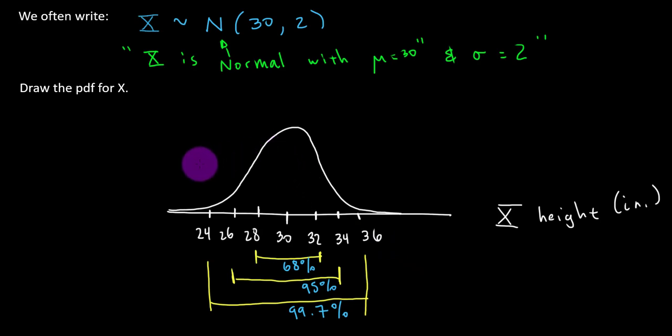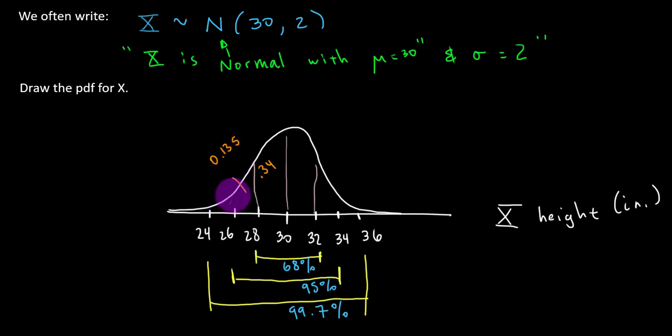And we did this in a previous video, but I still think it's pretty fun to do because we can sort of find the areas in each of these wedges. Because of the symmetry of this function, each of these wedges should be half of 68%. So we know that's 0.34. The next wedge should be 13.5%.